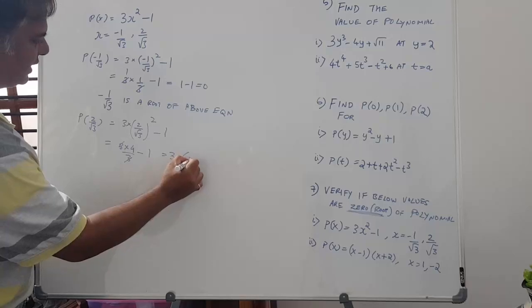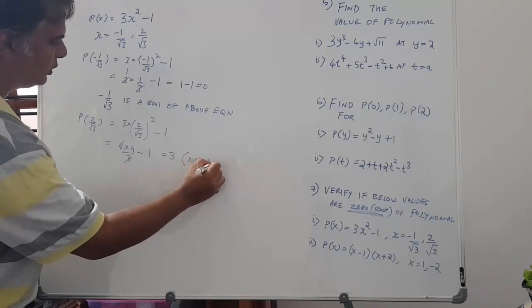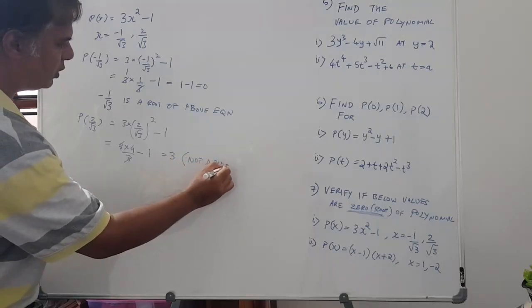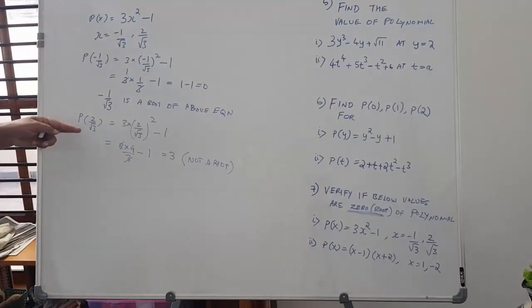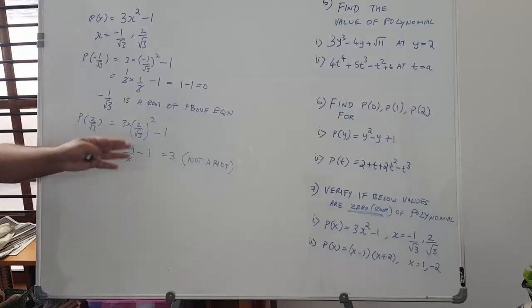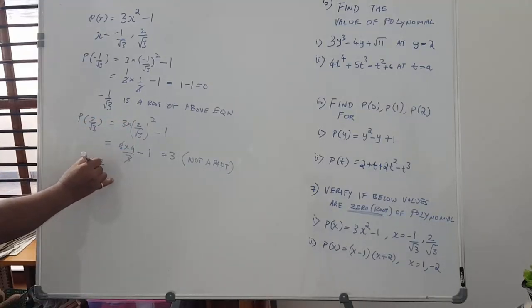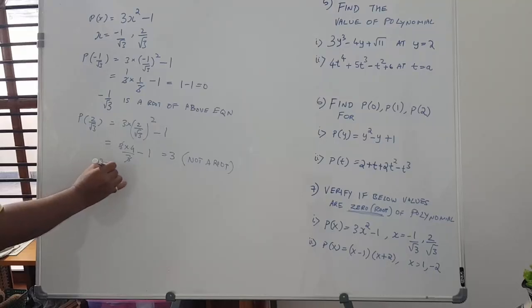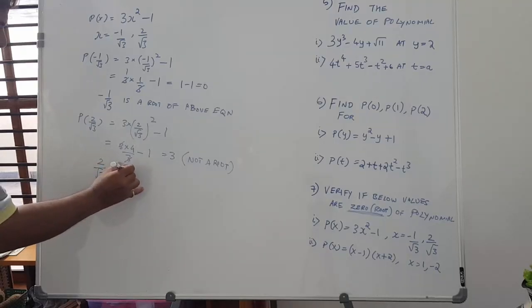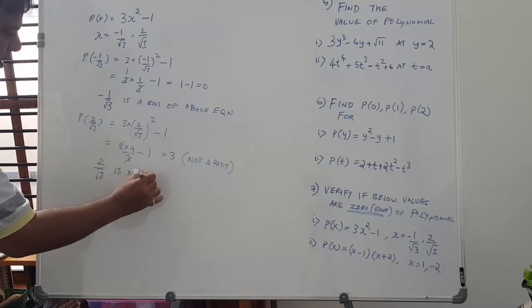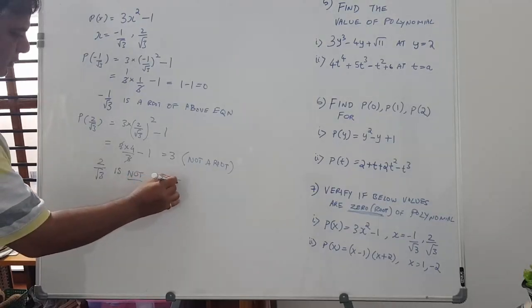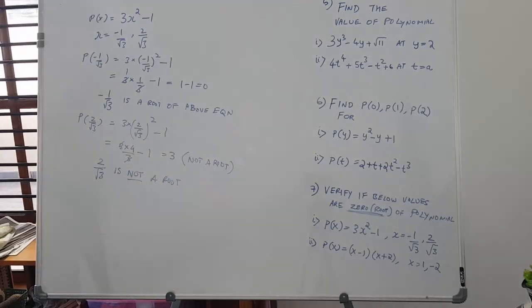Okay, so it is not a root, because by substituting 2 by root 3, the p of x did not become 0. So 2 by root 3 is not a root of the above equation.